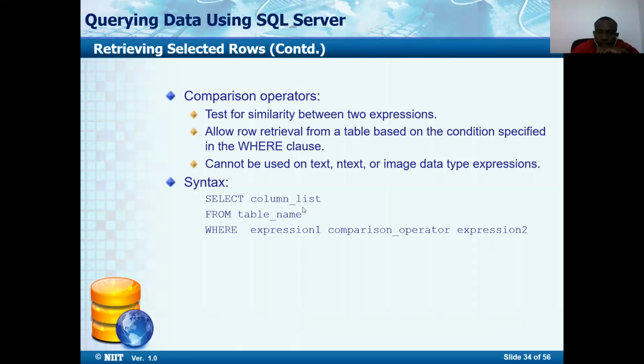And this is the syntax. Select the list of columns to be retrieved, followed by the keyword from, then the name of the table, and then the where clause, where you state the expression or the expressions of the conditions to be met for rows to be retrieved. Okay.